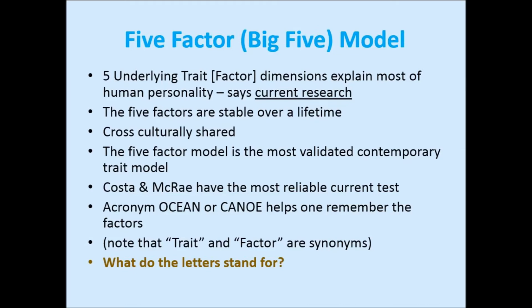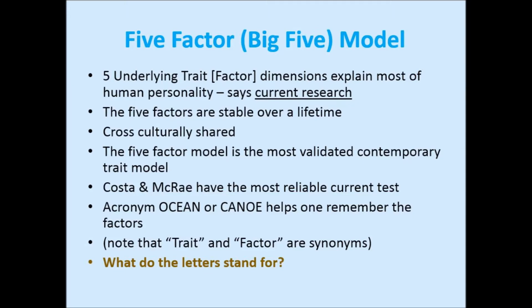These factors seem to hold up very well across cultures, from one country, one ethnic group, one continent to another. In fact, it's the most powerful modern model that's out there now. And 2 guys by the name of Costa and McCrae get the credit for inventing the most widely used test at this point in time.